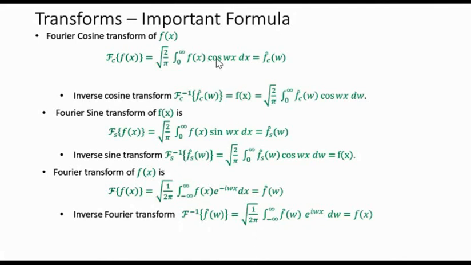So here it is the same function cos, and here also it is cos, whereas here it is e raised to minus i omega x for finding the Fourier transform, and to find the inverse Fourier transform you need to take e raised to i omega x and integrate with respect to omega.